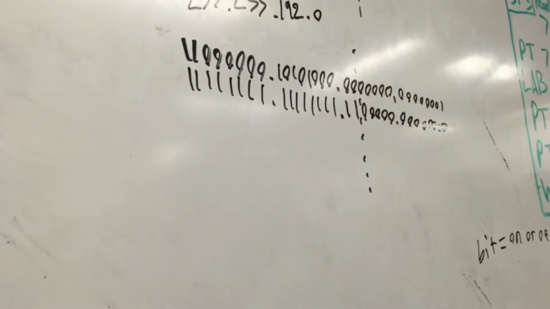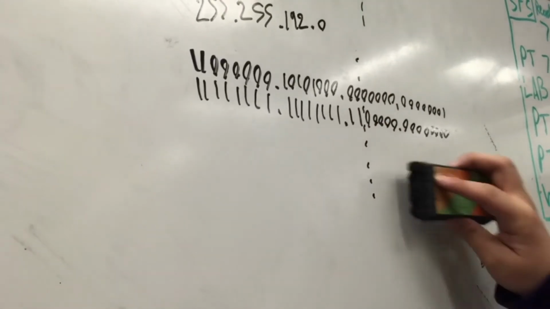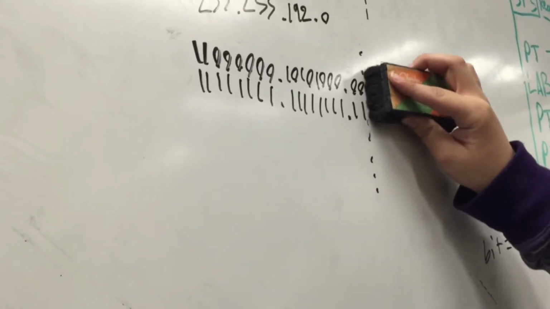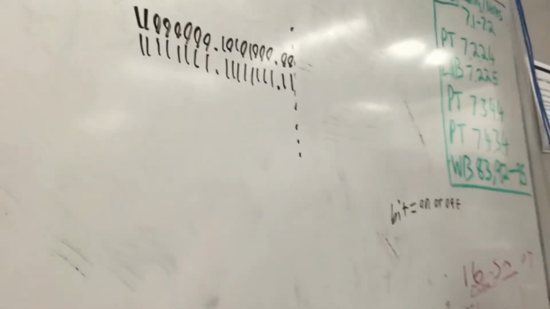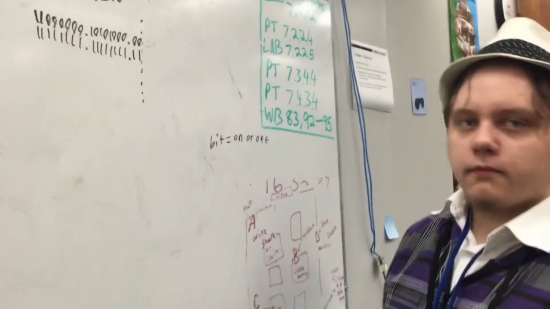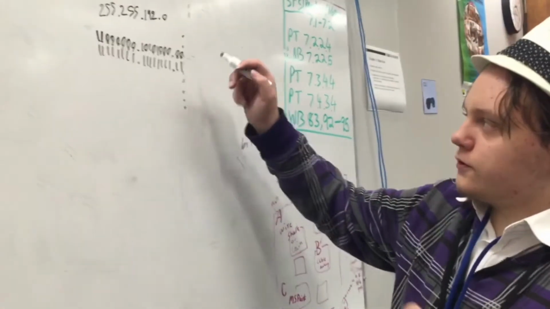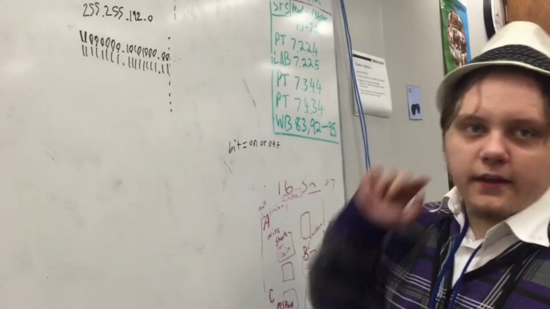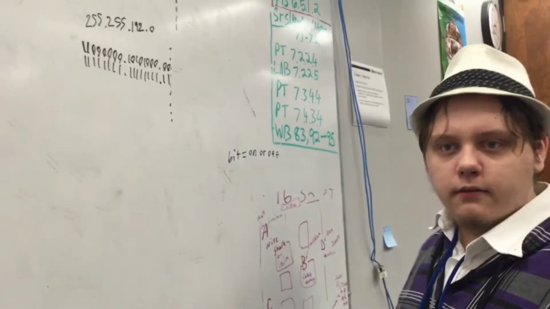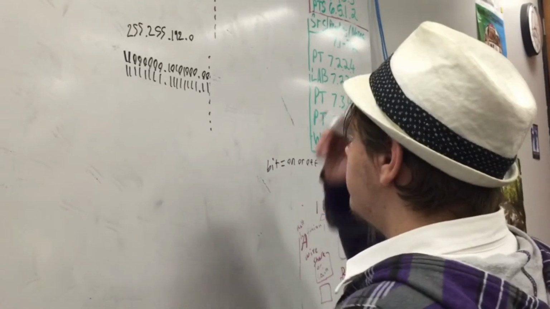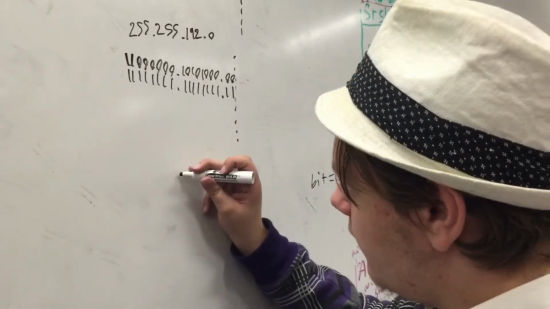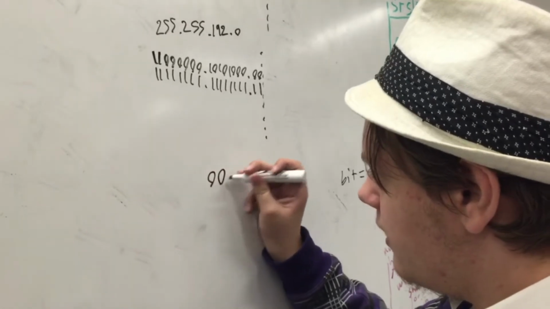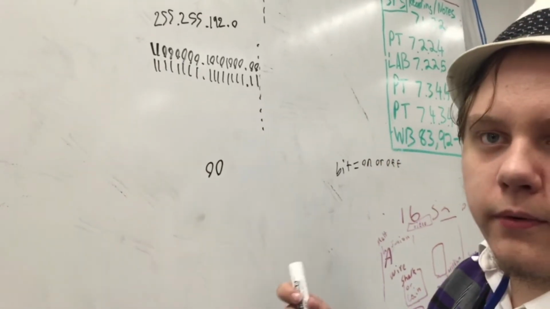Here's my Great Divide, which means here is my network, which means that the first two octets of whatever my IP address is going to be will always exist. So, which means that we have a 0 and 128 and 64.